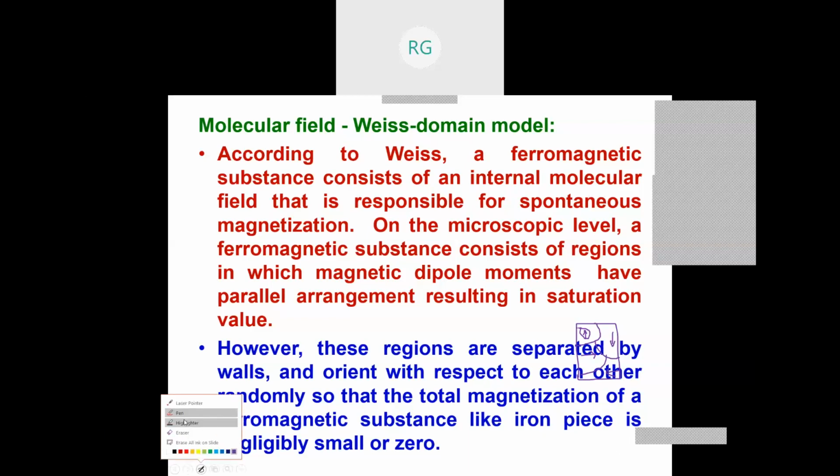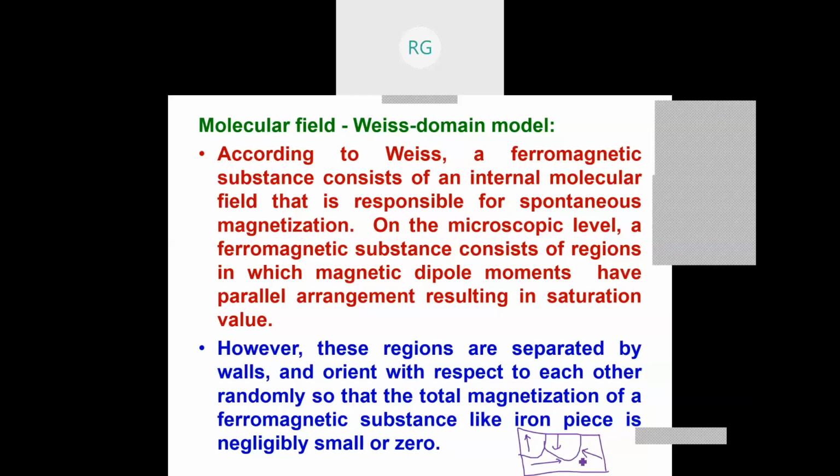walls. So if I take domain walls, this is the magnetic material I am taking. Here the spins are like this, and next the spins are like this, and next the spins are like this, and suppose the next spins are in the other direction. So if I move from here to here, all are in the same direction.